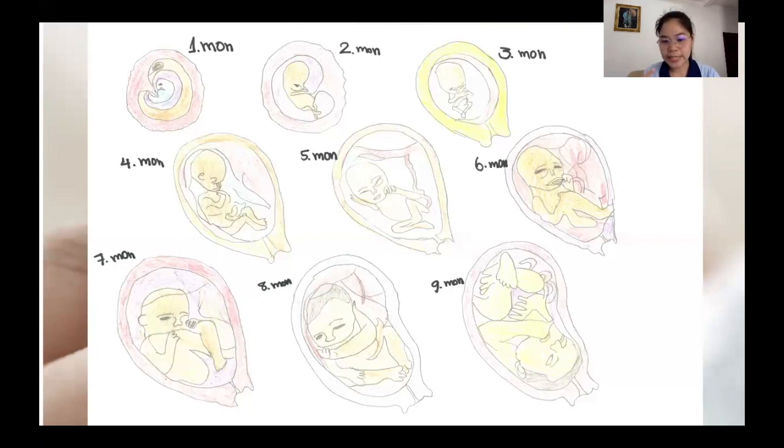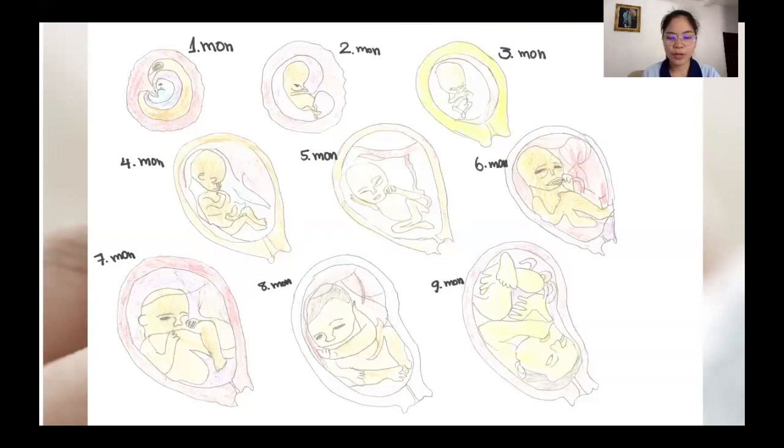The eyelids, eyebrows, nails, and hair are formed, and the teeth and bones become denser. So the baby can suck his or her own thumb, yawn, stretch, and make faces.